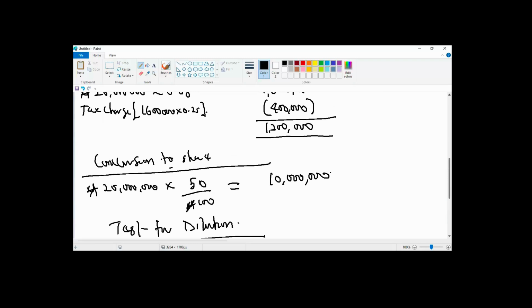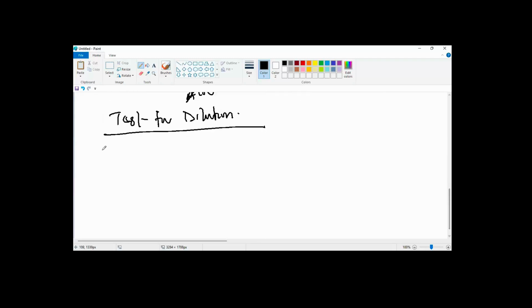I say 1.2 million divided by the 10 million shares. That's 12 kobo. It has diluted.